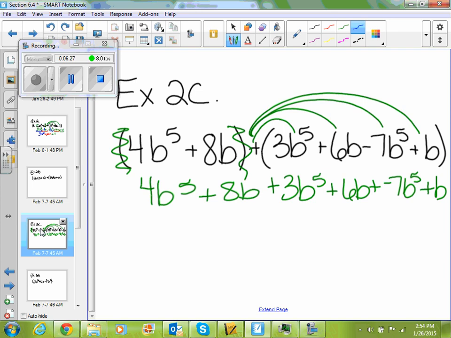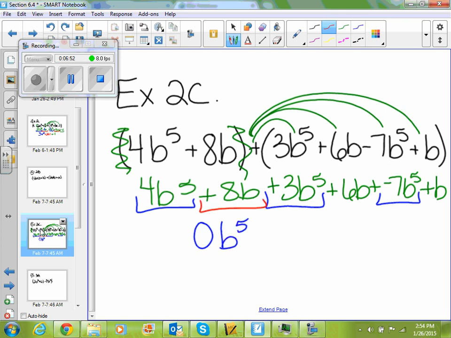So now let's combine. If I start with my 4b to the 5th, what else can I combine with that? 3b to the 5th, what else? Perfect. So 4 plus 3 is 7. 7 plus negative 7 is 0. So this becomes 0b to the 5th.